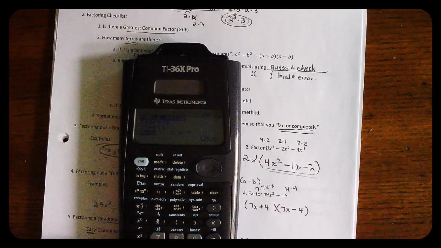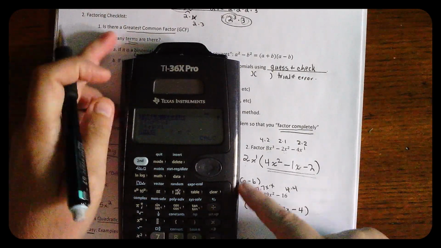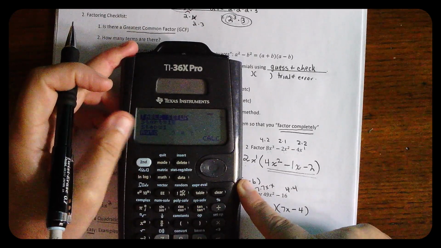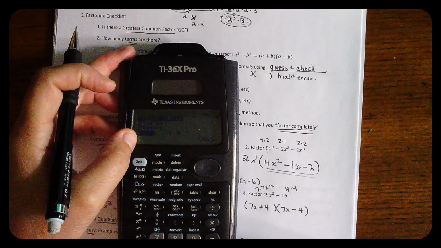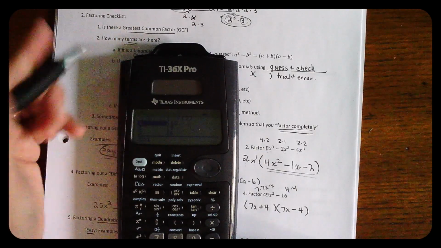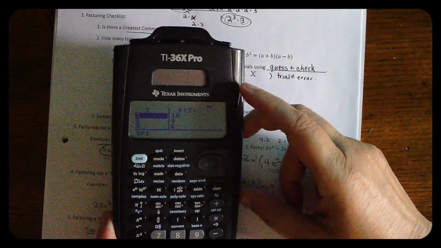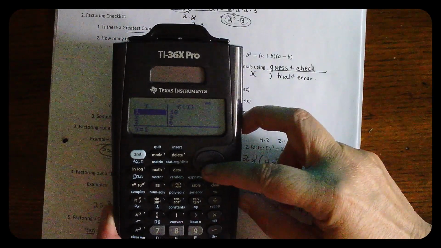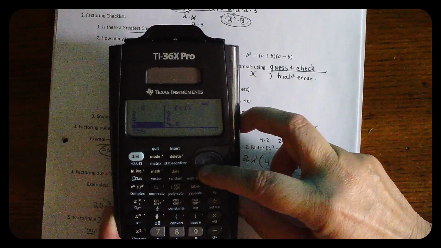If you want to start at 1, that's a good idea, and count by 1. So start 1, step 1, and then auto. And then what happens if you hit calc down here is it'll give you a list of all the factors of 18.